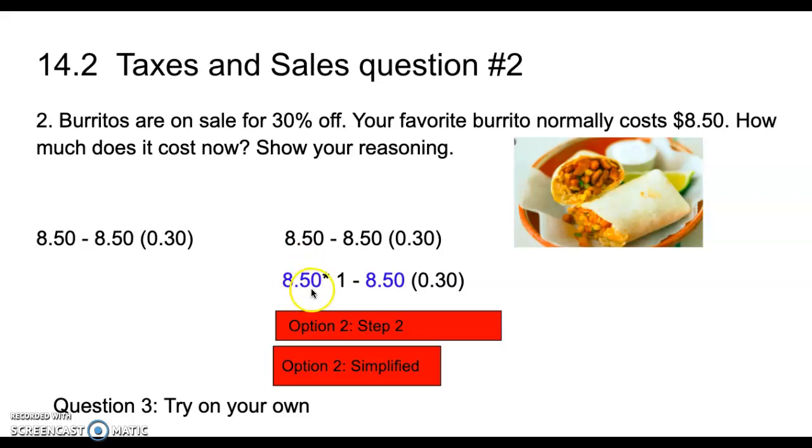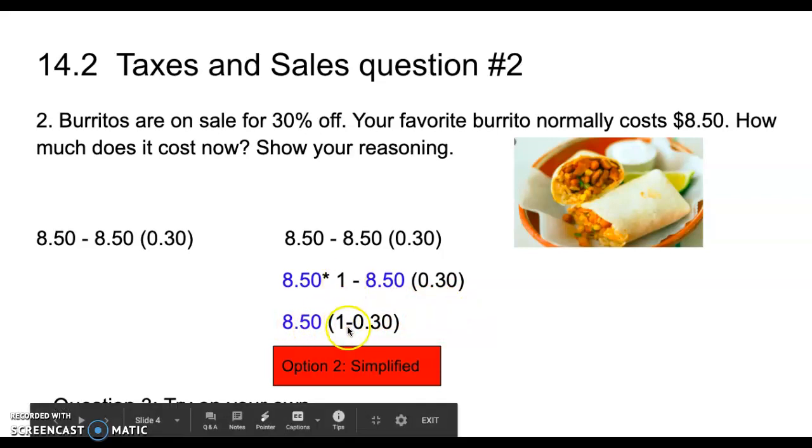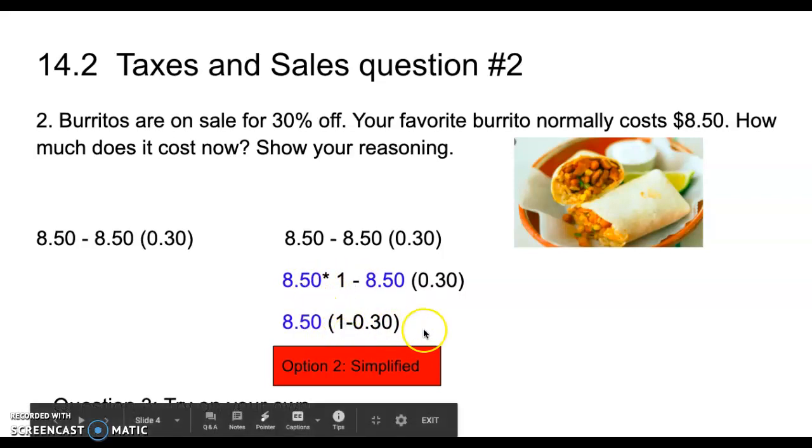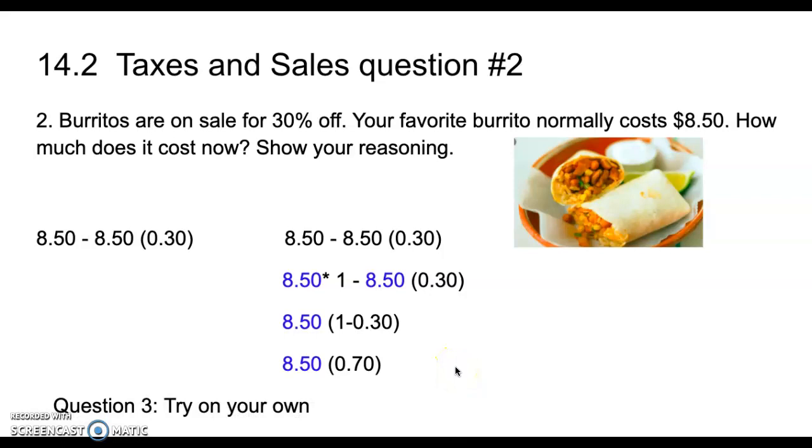So 8.50 times 1 minus 8.50 times 30 hundredths. Then you get 8.50 times the quantity 1 minus 30 hundredths. Notice you pulled out, like you undistributed, that 8.50. And when it's simplified, it's just $8.50 times 70 hundredths.